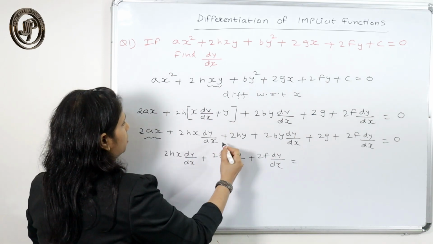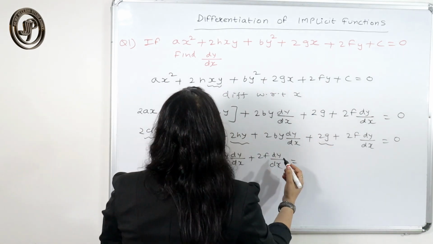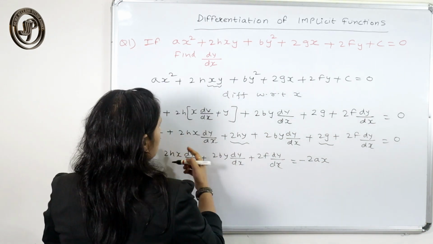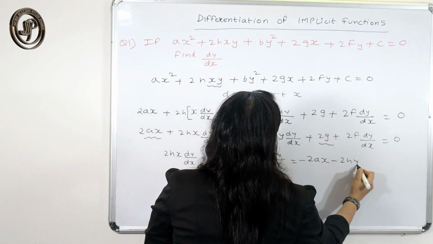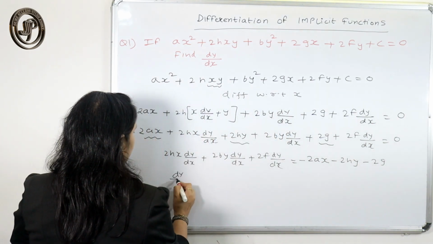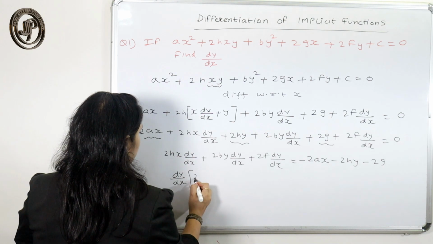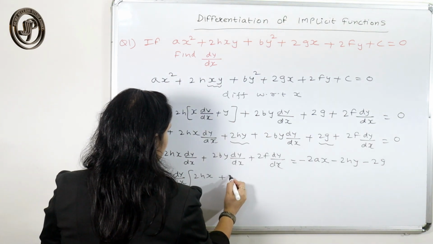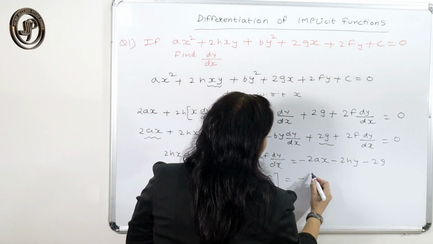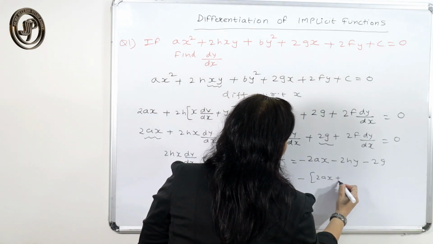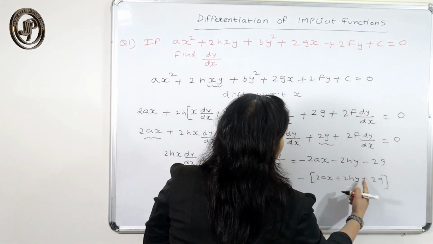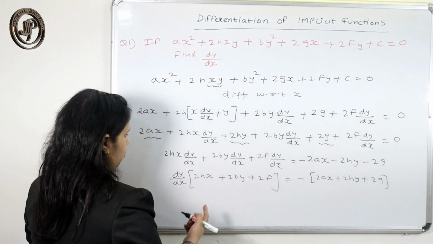If I transpose these terms, it becomes 2ax minus 2hy minus 2g. And if I take dy by dx common, it is 2hx plus 2by plus 2f is equal to minus 2ax plus 2hy plus 2g. If possible, I can take 2 out also.